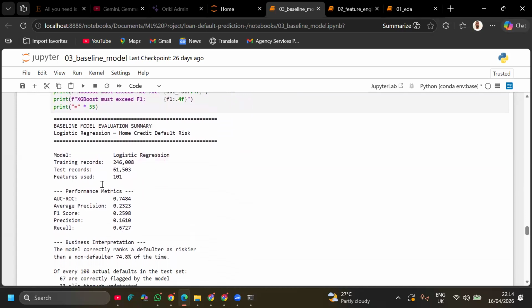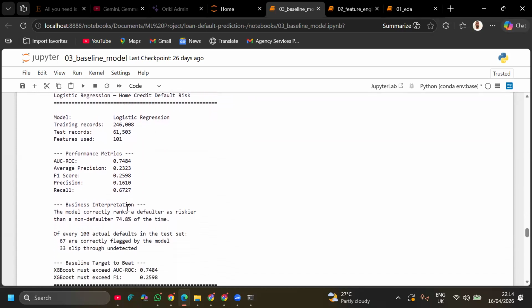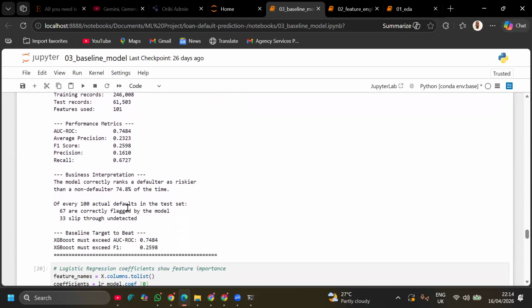All right, so for the logistic regression, like I said, we have 74%. That is what it is catching each time. And we have the F1 score, which is 25.98. The precision is 16%, while the recall is 67%. So it's trying to tell us that out of every 100 defaults, 67 are correctly flagged, while 33% are flagged incorrectly.